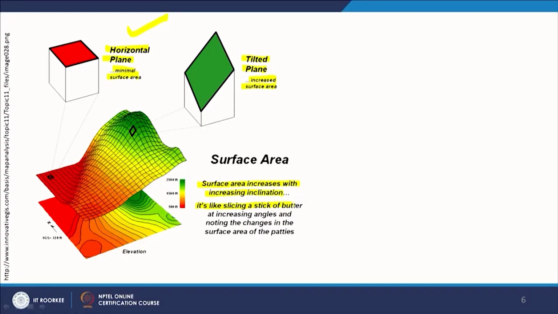It's like slicing a stick of butter at increased angles and noting the changes in the surface area of the sliced patties. So that is why it is very, very important to understand this difference, that planimetric area or planimetric length will always be less compared to your surface area or inclined area.